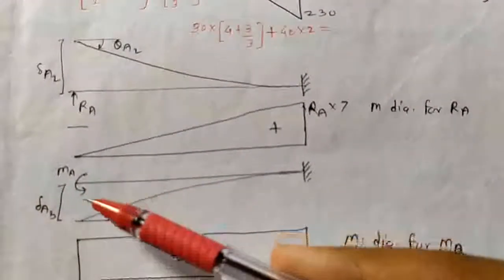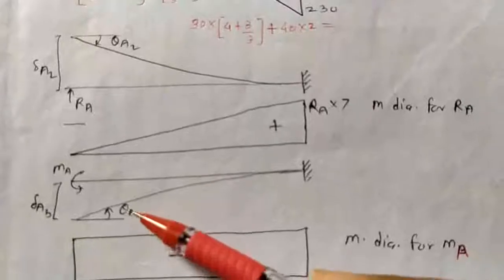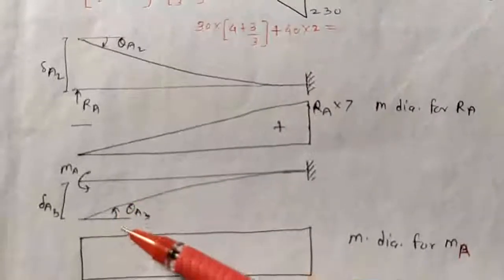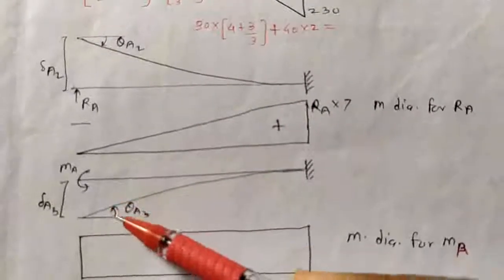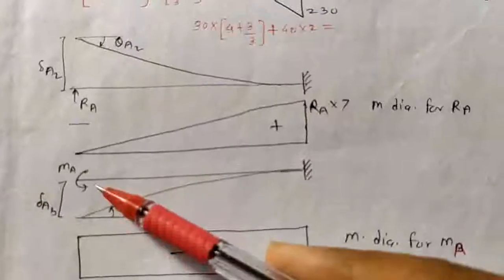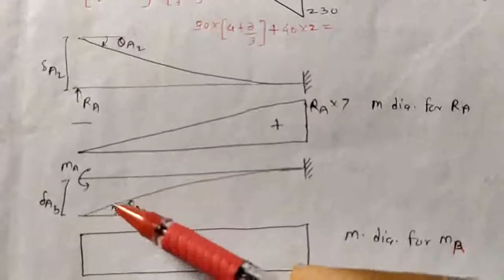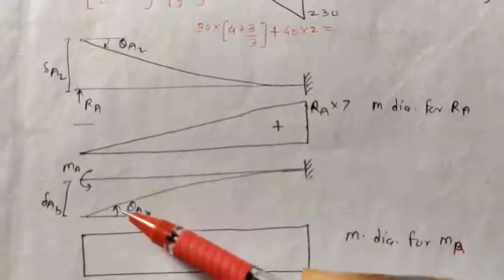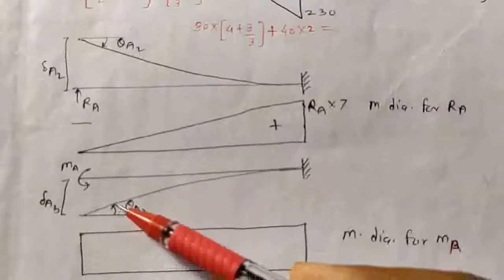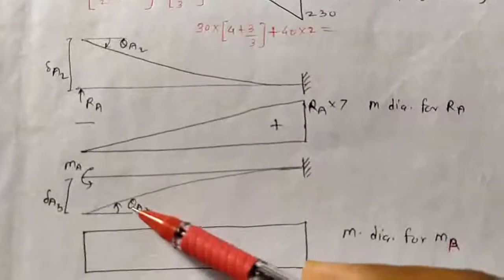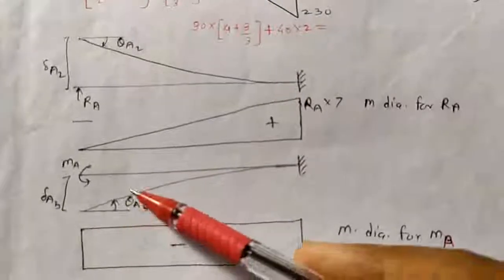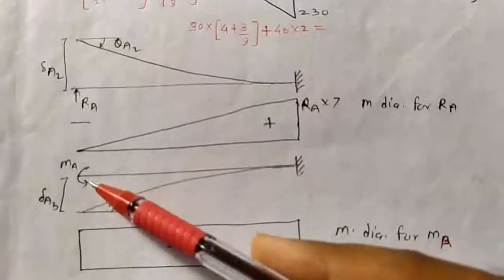For this, the governing deformation will be the rotation. So whatever may be the direction of rotation because of the application of the unknown, whether clockwise or anti-clockwise, that will be treated as positive.